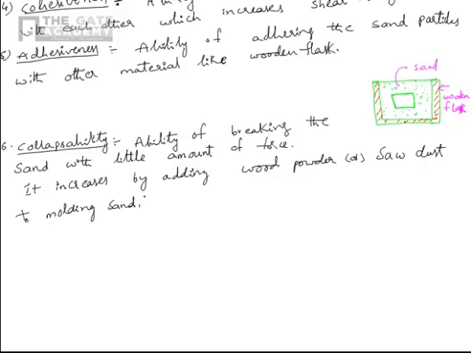Next one is flowability. Flowability is the property of sand, the ability of the sand particles to flow into every corner of the mold.